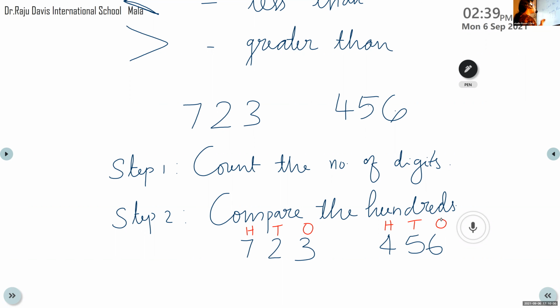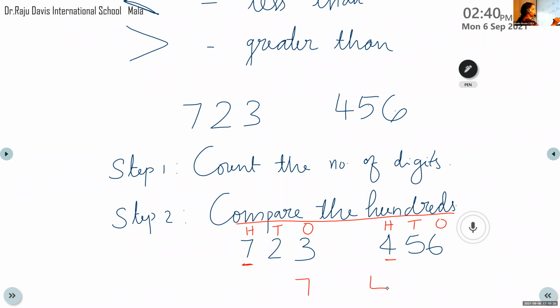Now what is the second step? Compare the hundreds. In the first number, 7 is at the hundreds place. In 456, 4 is at the hundreds place. Now let us compare 7 and 4.